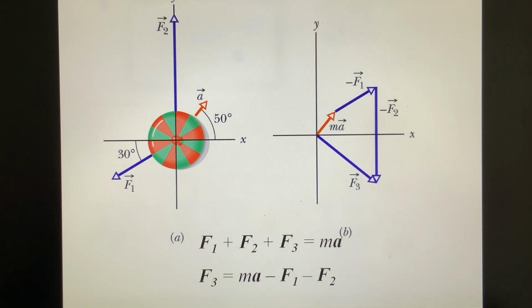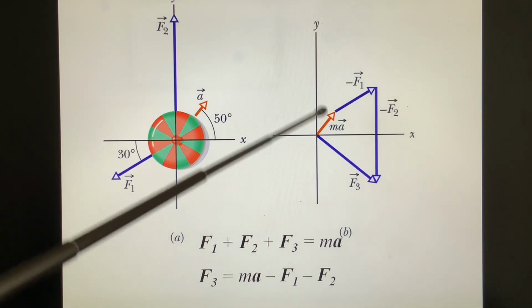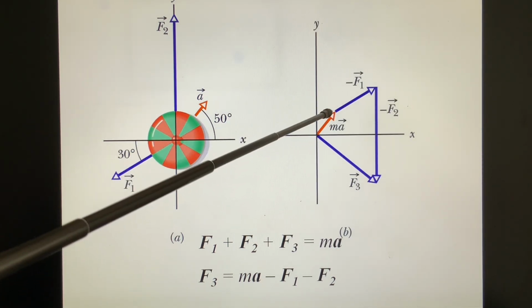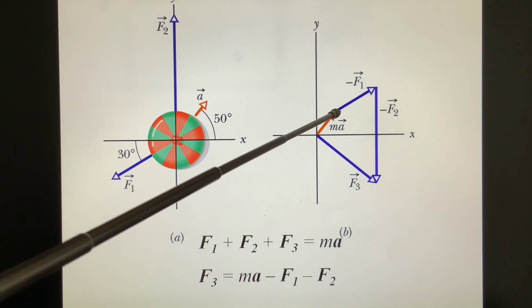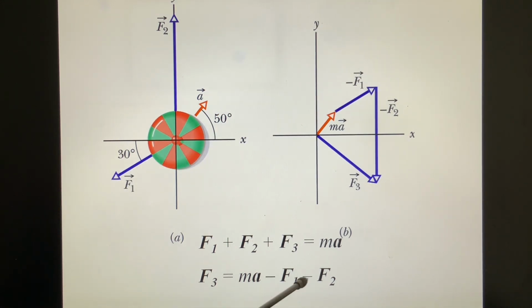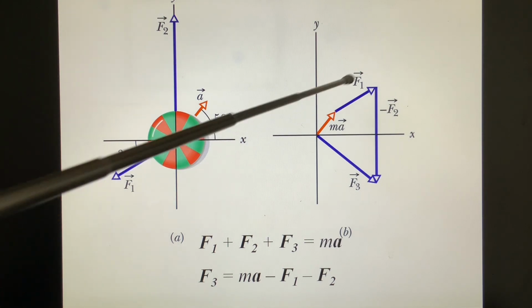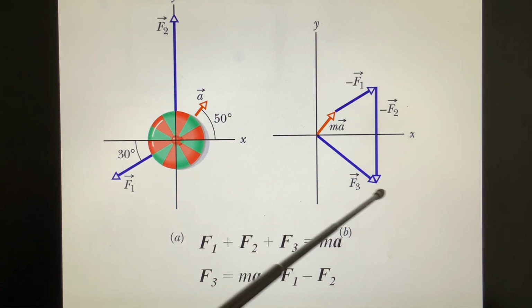Now we draw it. This is ma, at 50 degrees. Plus minus F1, this is F1. Minus F1 goes in this direction. Plus minus F2. This is F2, plus minus F2. And we get this one, F3.